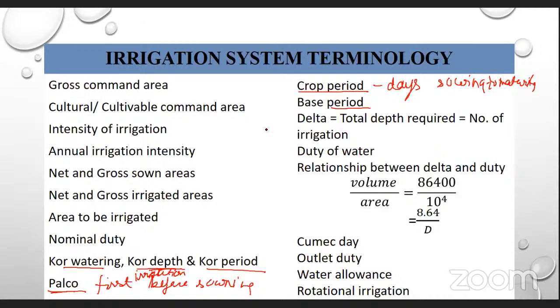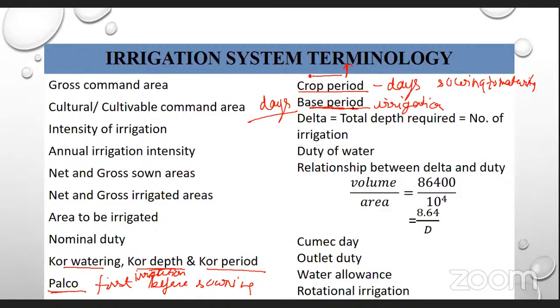And this base period is also given in days, from whatever irrigation we give for preparatory cultivation to the last irrigation. This is usually in terms of irrigation, but the crop period is from seed or plant till the maturity of the crop.